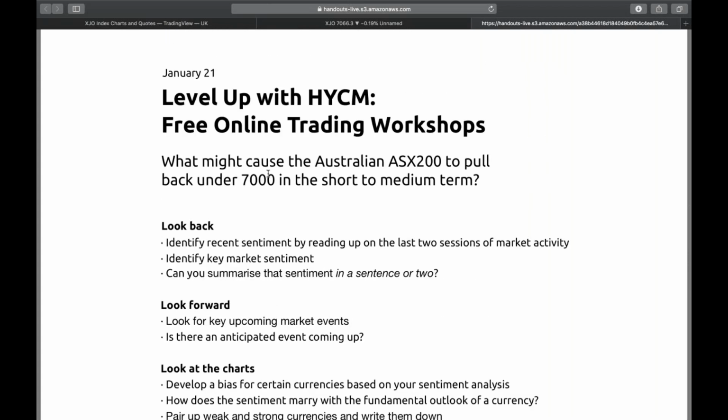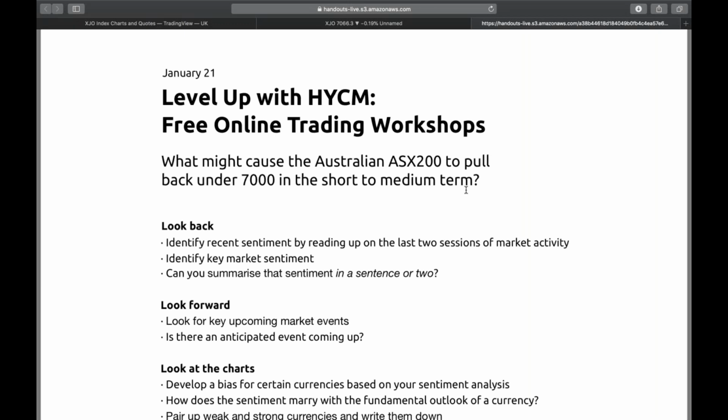The special topic we'll be looking at is what might cause the Australian ASX200 to pull back under 7,000 in the short to medium term. This is just an equity issue, one of the Australian indexes, the main one, the ASX200.